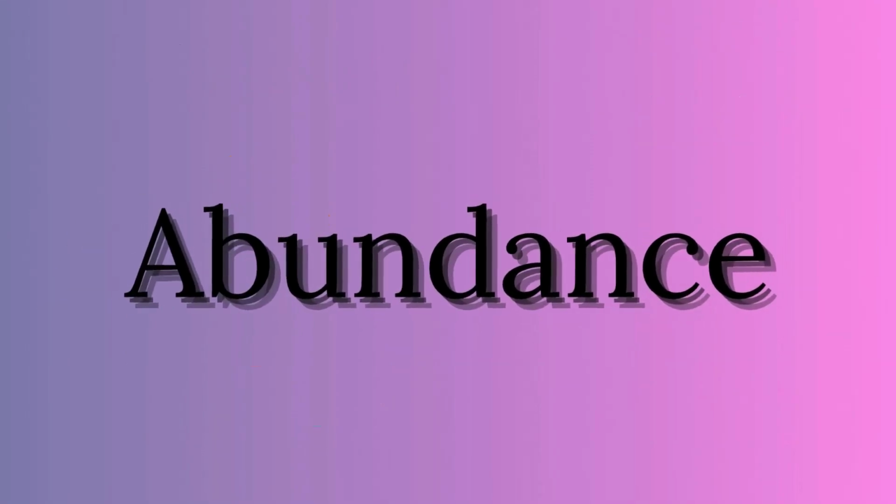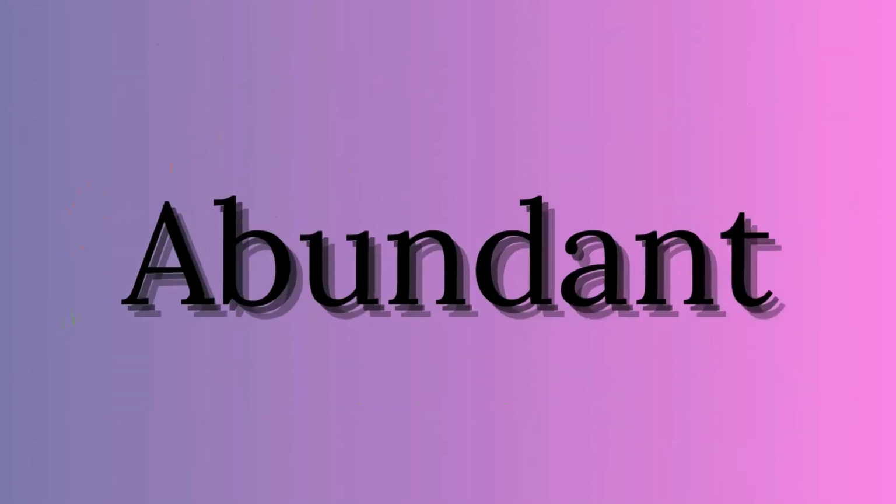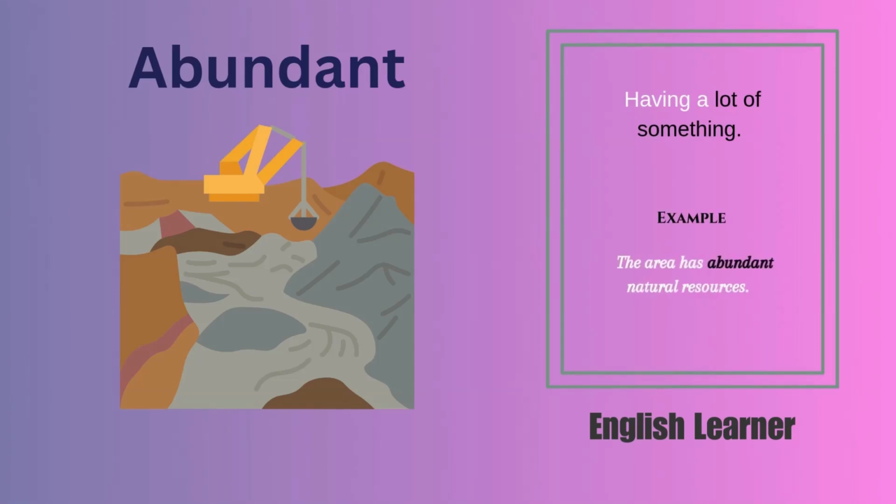Abundance. A lot of something. Example. The garden was full of flowers in abundance. Abundant. Having a lot of something. Example. The area has abundant natural resources.